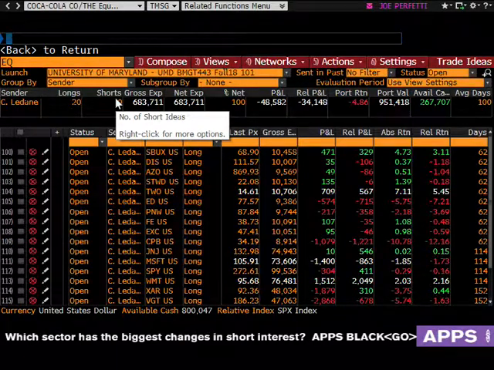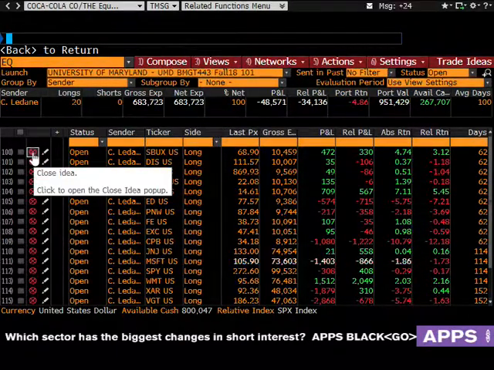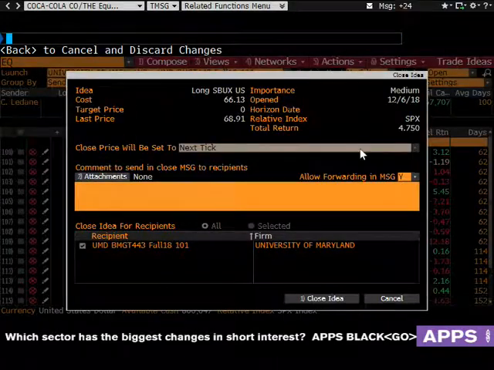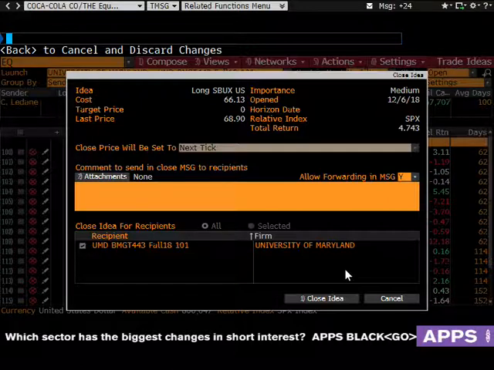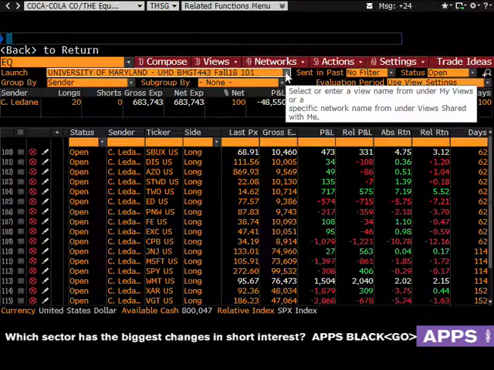So the way you sell the stock, you see this red X with a circle? You click on that, and that is how you sell your stock. So it's not intuitive, okay? Or if you do a short, that's the way you'll cover the short. So circle red X, once you get to your list of trades, that's where you actually close the idea, sell the stock. So I'm going to cancel out of this, and I'm going to go to our section.